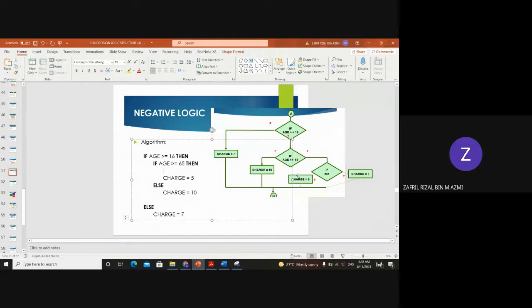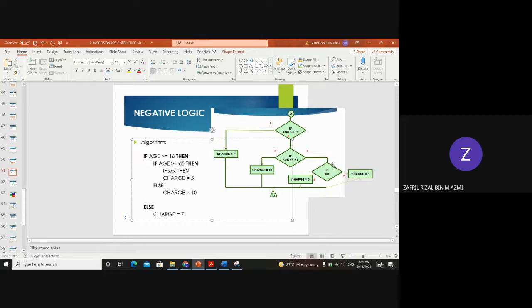Okay, so we add if and if whatever the condition, and then what? If it is true, then what? Then what, class?